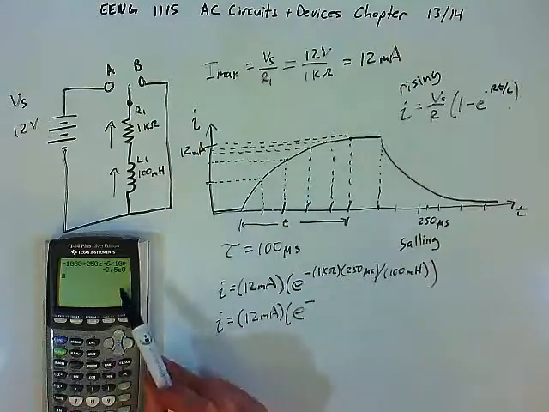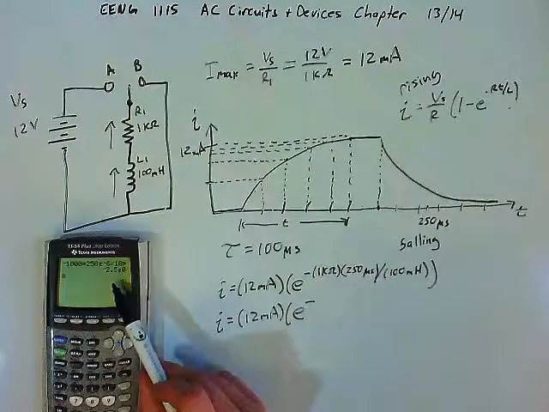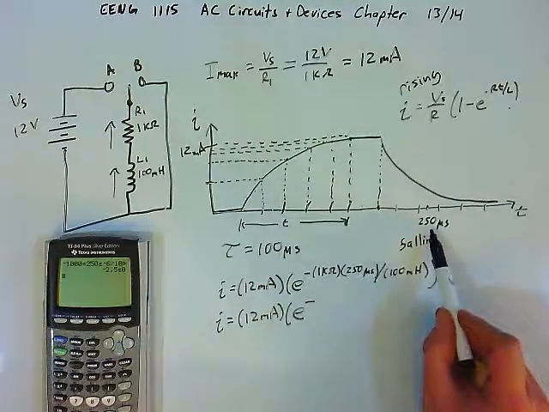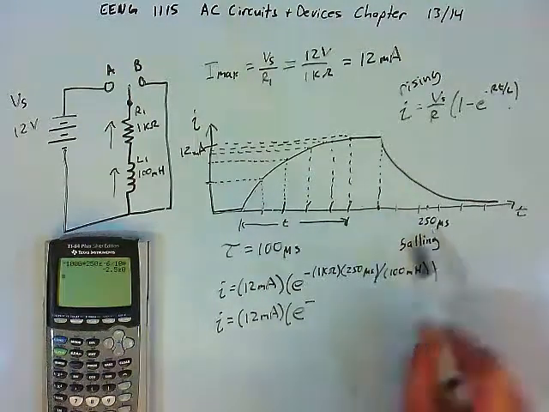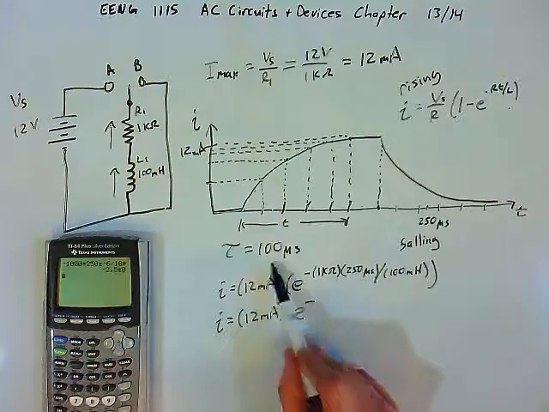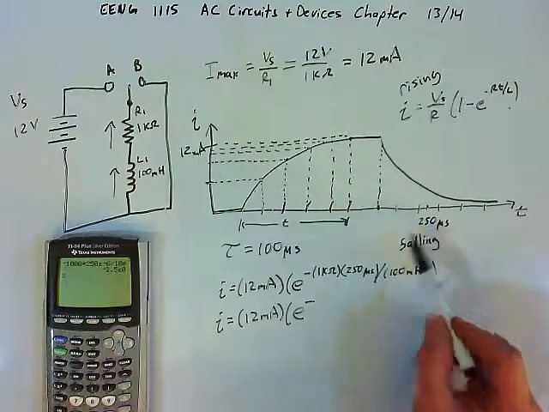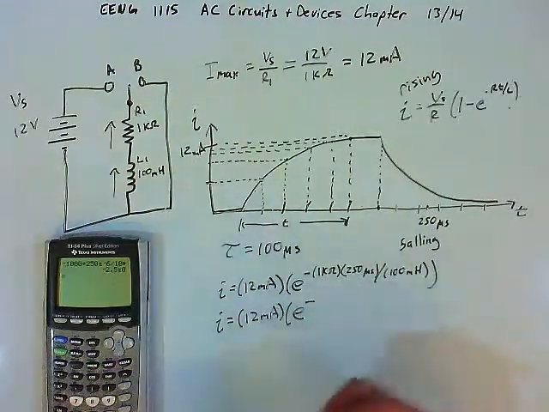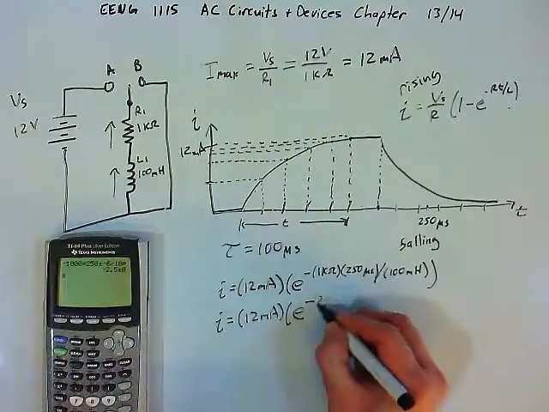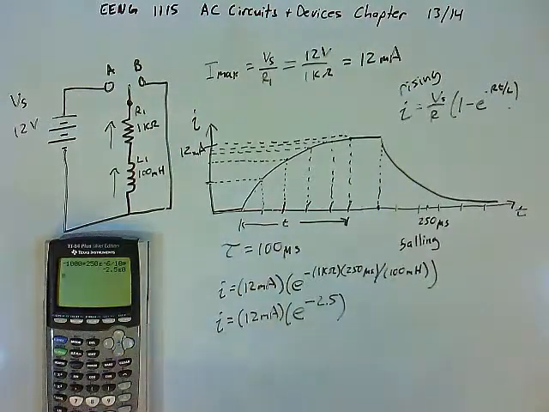Again, no coincidence that this worked out to be negative 2.5, because 250 microseconds is 2.5 time constants. Each time constant is 100 microseconds, and so 250 is 2.5. So again, the exponent worked out to be the number of time constants that has passed, negative 2.5 time constants.